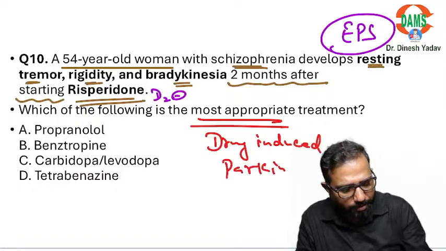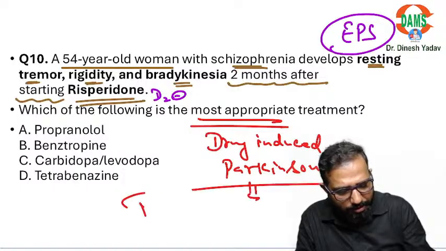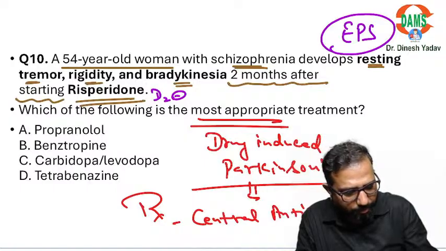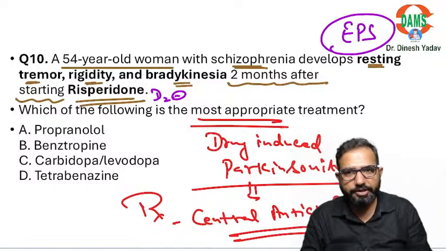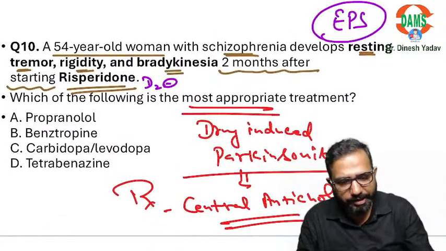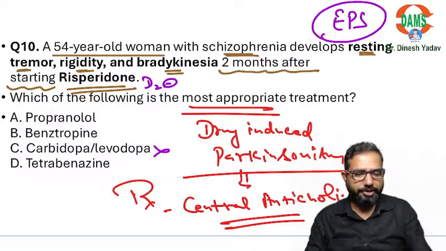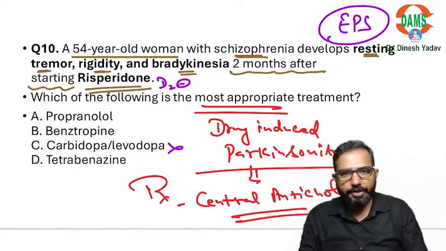In drug-induced Parkinsonism, we use the central anticholinergics. We never use carbidopa-levodopa in these patients, because the dopamine receptor is already blocked.